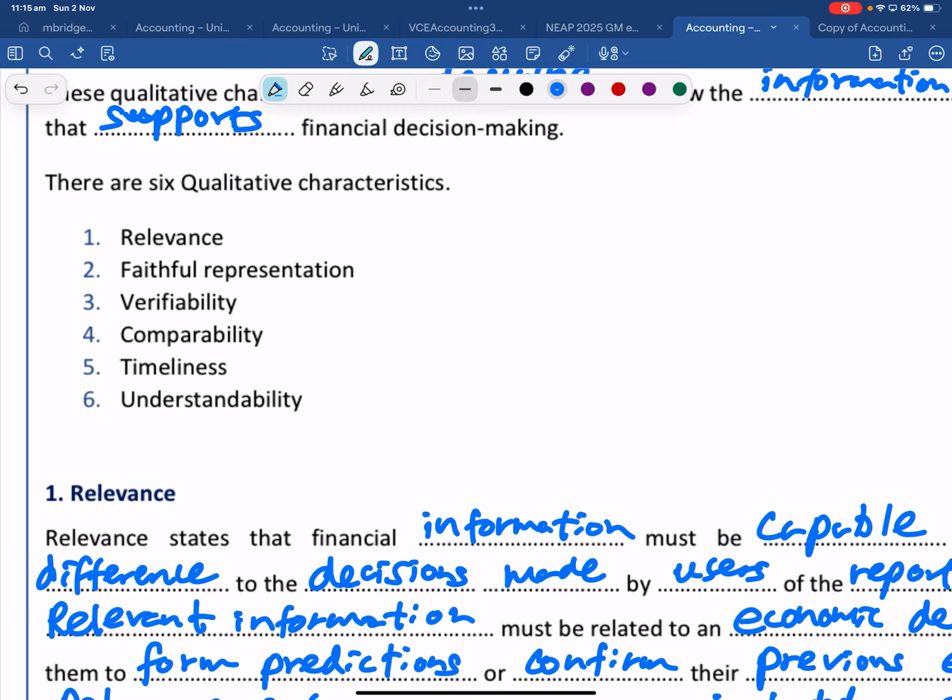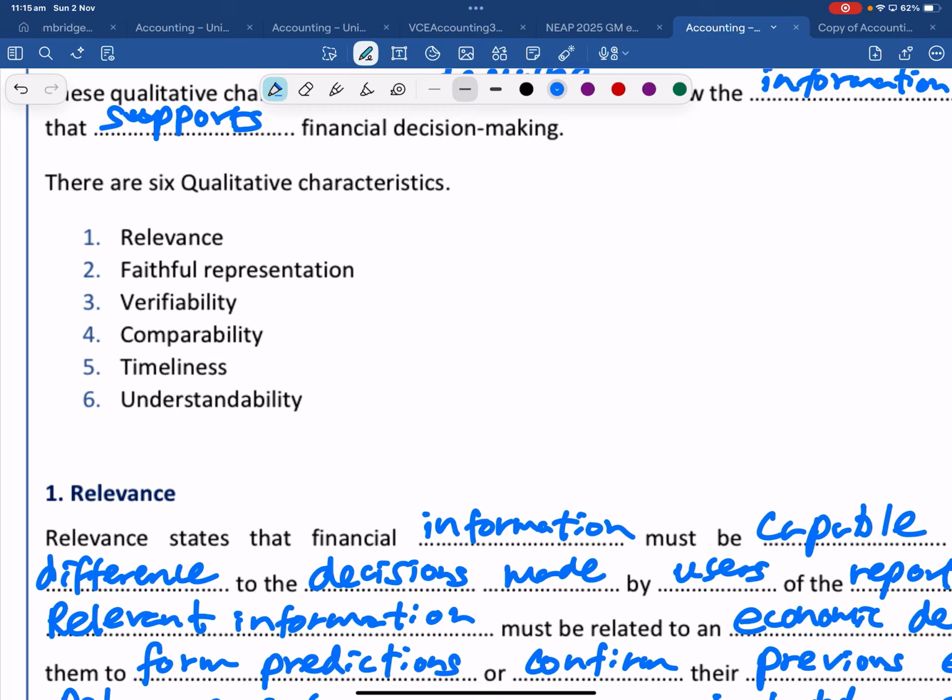So probably by now you already know, right? Now when we talk about maybe faithful representation or comparability, verifiability and relevance basically clashing a little bit. I'll explain. Comparability, timeliness, understandability, all of them actually support relevance.